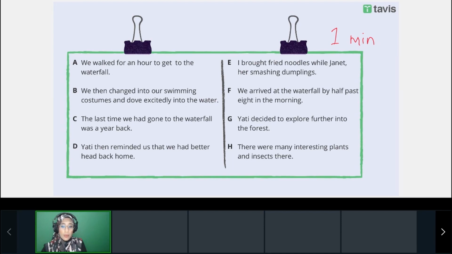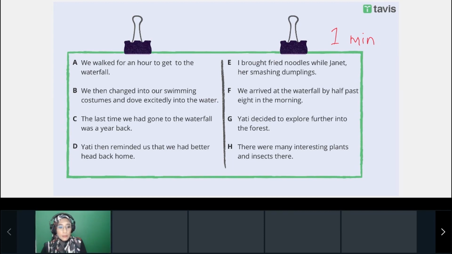Once you have read the passage or the text given, then only you are going to apply scanning. When it comes to scanning, you are specifically looking for information. So spend just 1 minute reading the answer options given. I hope you have done that.